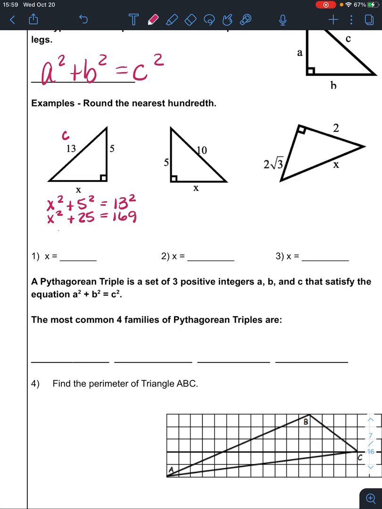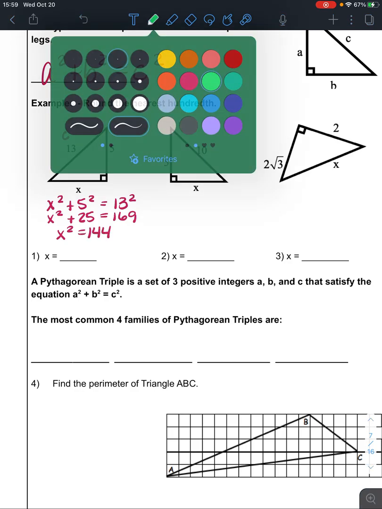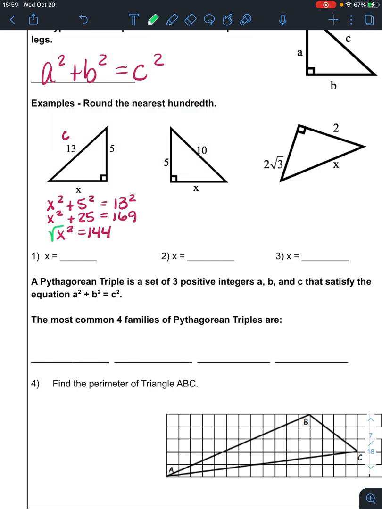Subtract 25 from both sides and you get that x squared is equal to 144. So I don't want to know what x squared is, I want to know what x is, and so I need to do the inverse operation, which is a square root, and then the square root of 144 is 12. So we find out that our missing side length is 12.